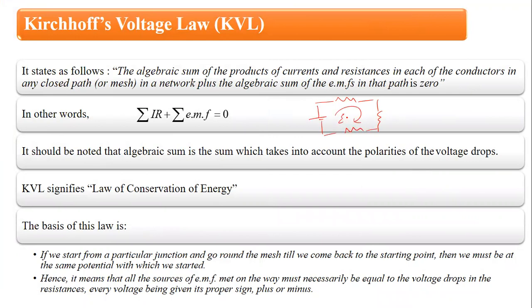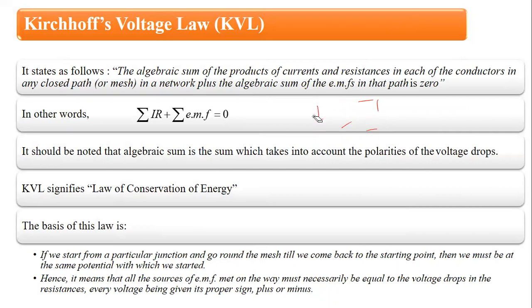So here the summation of all the voltages is equal to zero, right? When we say all the voltages, we mean the voltages present in the network which are from the sources and which are due to the voltage drops across the resistive elements present in the network, right?